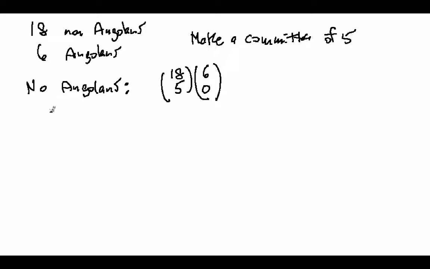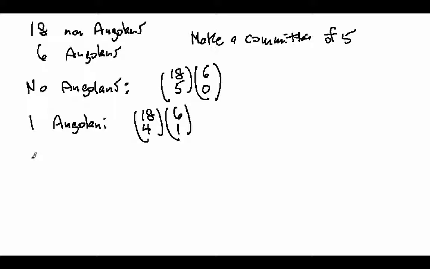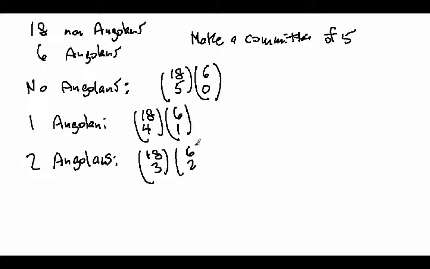Okay? If I want 1 Angolan, well, that's saying from the non-Angolans, I'm going to pick 4. And from the Angolans, I'm going to pick 1. And if I want to pick 2 Angolans, okay, that would be 18 choose 3, and then over here it would be 6 choose 2.